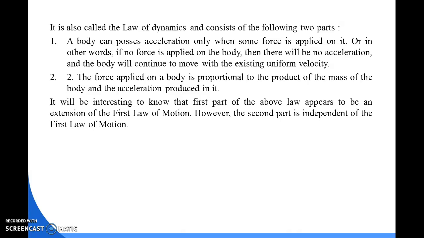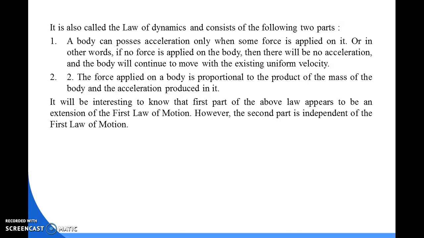Now, this second law of Newton is also known as the law of dynamics, and it consists of the following two parts. In the first part, a body can possess acceleration only when some force is applied on it. In other words, if no force is applied on the body, then there will be no acceleration, and the body will continue to move with the existing uniform velocity.